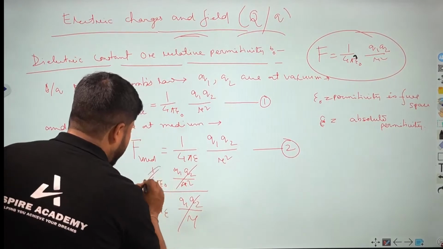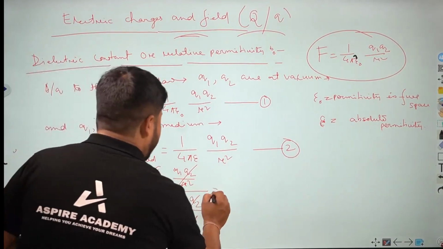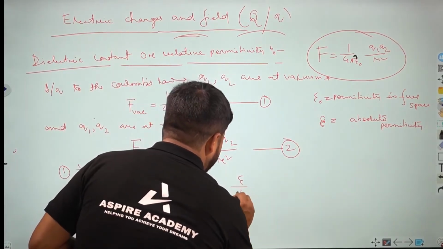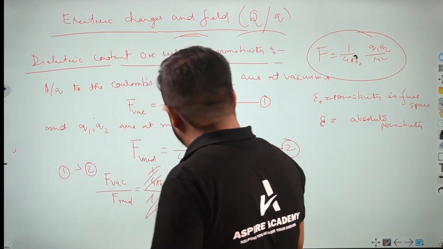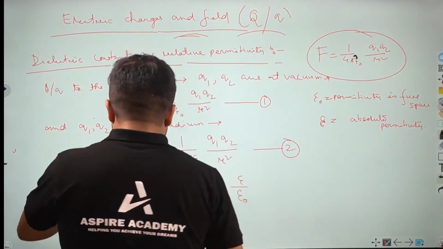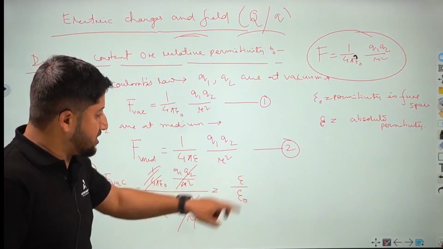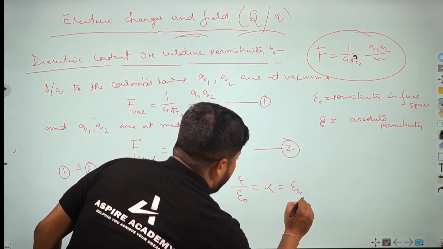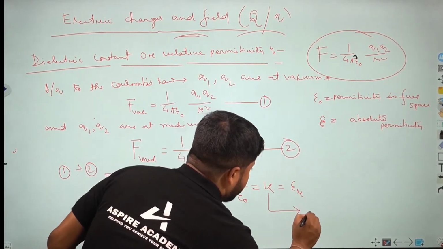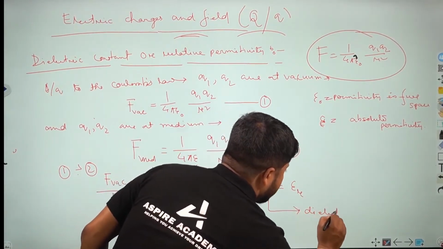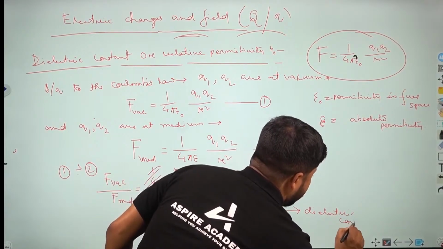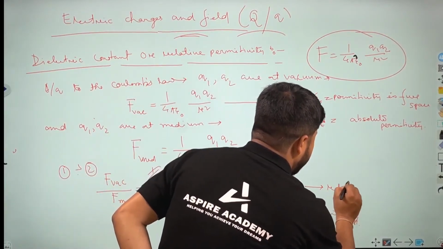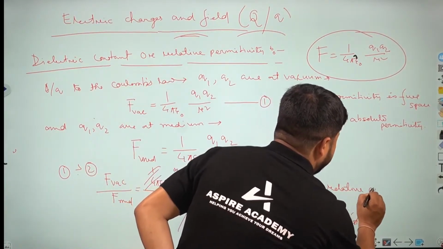The common terms cancel, and the 4 pi cancels. After calculation, F vacuum by F medium is equal to epsilon by epsilon naught. This ratio is represented as kappa or epsilon r. This kappa is called the dielectric constant, and epsilon r is called the relative permittivity.